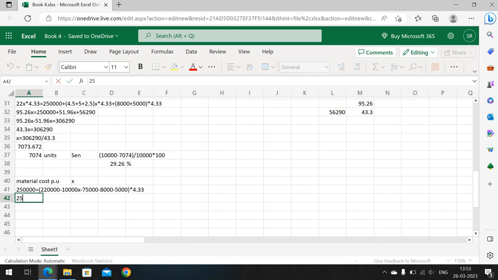Solving this, 2,50,000 is equal to 2,20,000 minus 75,000 minus 8,000 minus 5,000, I will get 1,32,000.